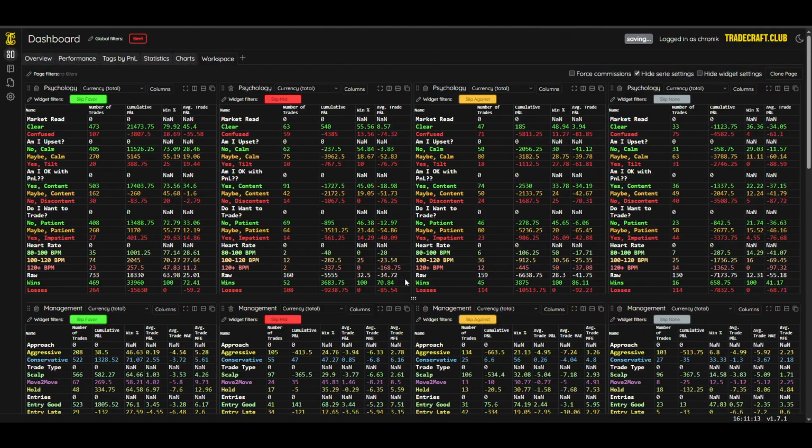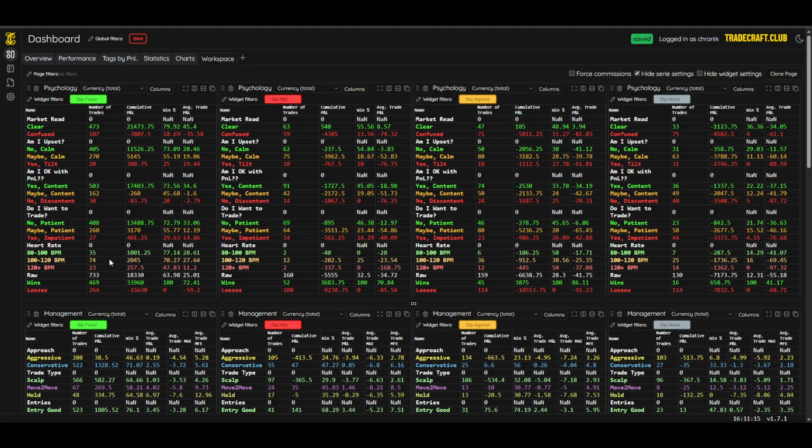Slip favor heart rate is massively green compared to slip against heart rate. There's a huge difference there, because psychologically I know I've been burned enough times. Getting burned is the one way you learn what not to do, for better or worse.